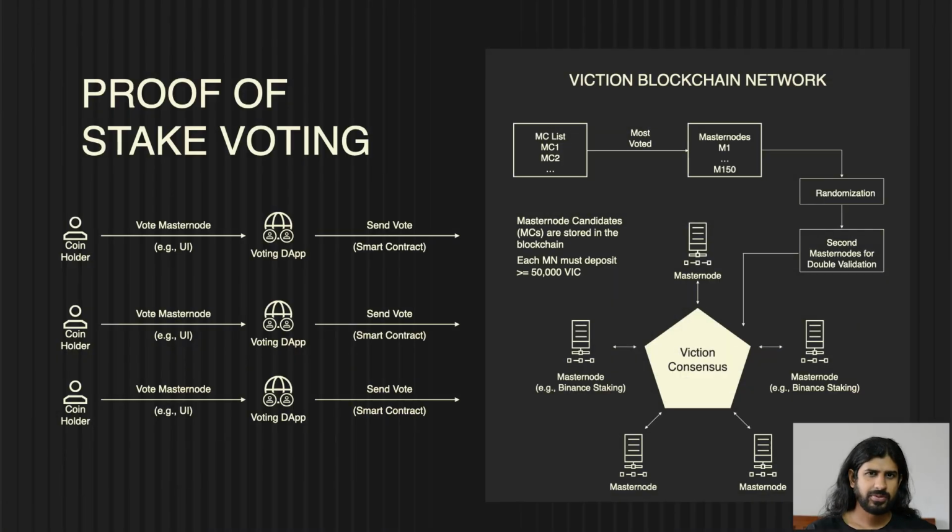At Viction, we wanted to find a way to build a scalable and secure network that was cost-effective, quick, secure, and also resistant to hard forking. We were keenly aware of a lot of the scalability problems that existed in the 2017 bull market, as well as fracturing communities caused by major hard forks of networks. So effectively solving the blockchain trilemma required coming up with a novel consensus mechanism.